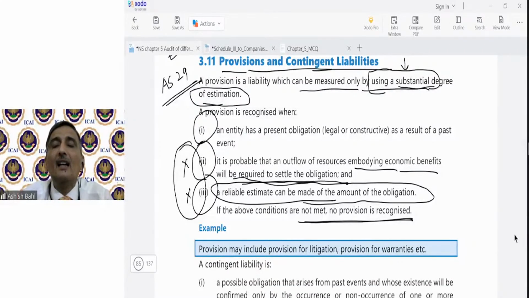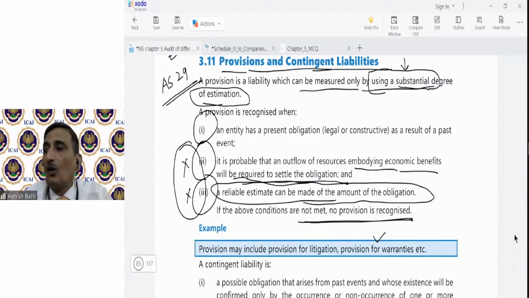So this is the difference between provisions and contingent liabilities. Okay. So similarly, provision for warranties. So students, when companies sell their product, they may give a warranty.